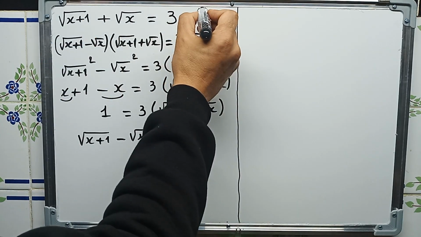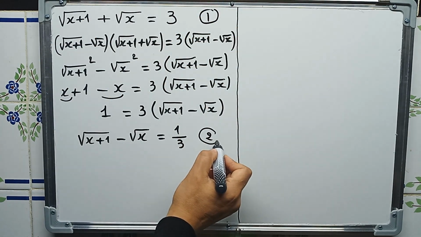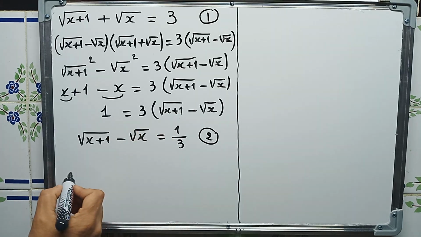If we call the first equation 1 and the second equation 2, we will sum 1 and 2.